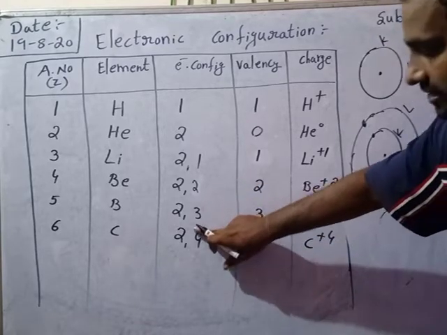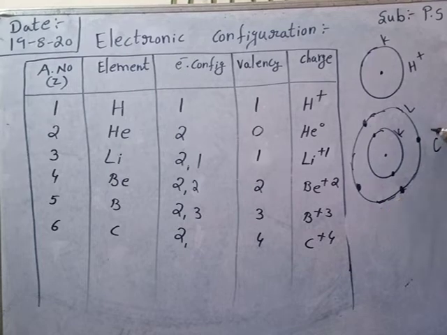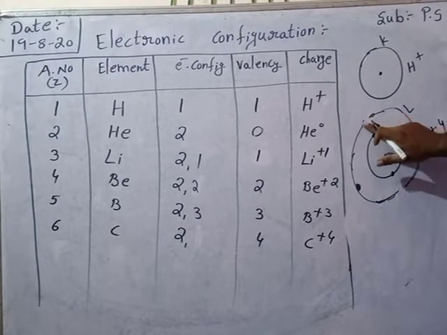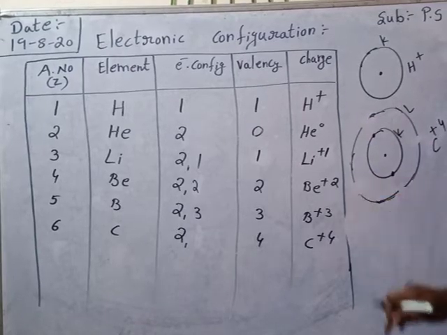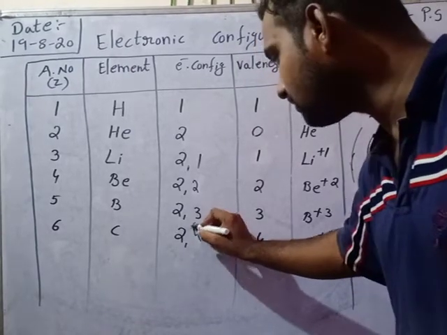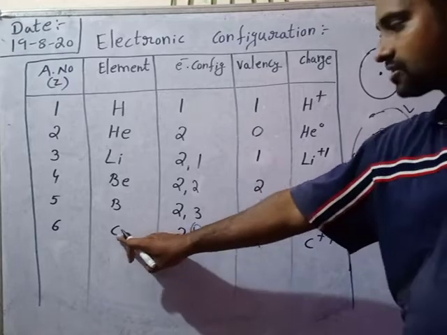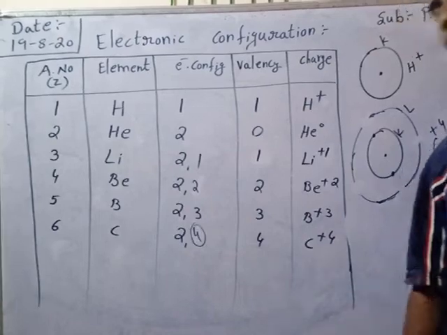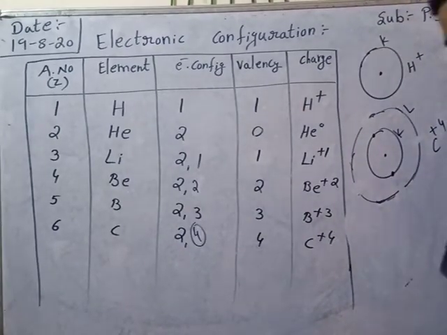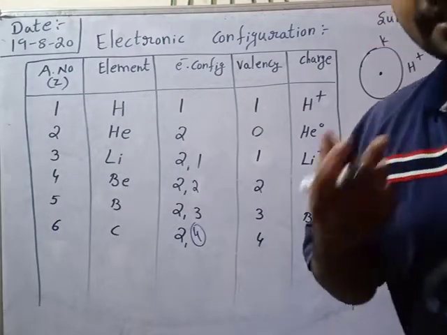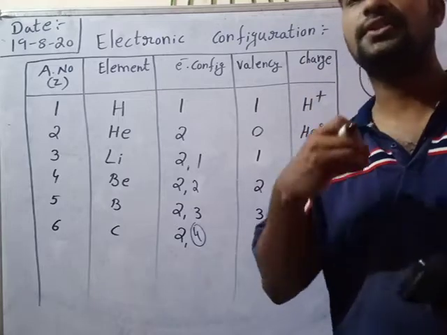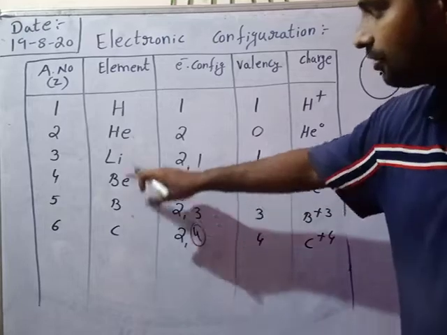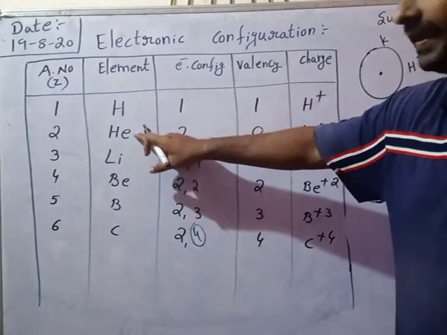Losing 4 electrons means the charge of carbon is plus 4. So the electronic configuration of carbon becomes 2, which is the electronic configuration of helium. So every element tries to reach the electronic configuration of the nearest zero group element.